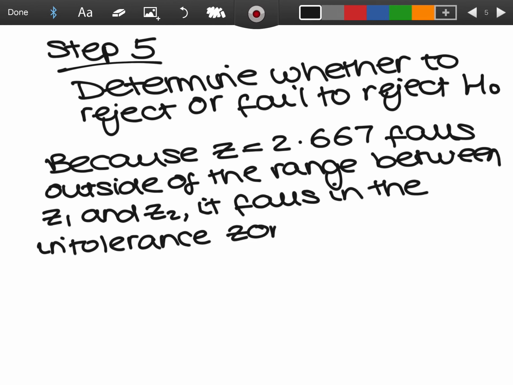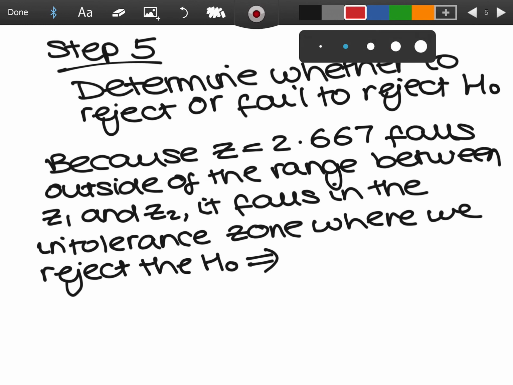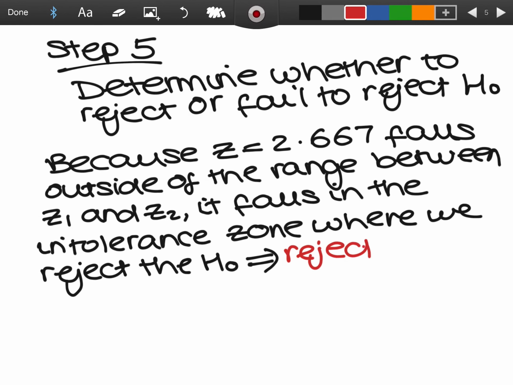It falls in the intolerance zone. That's where we want to reject our null hypothesis. Okay. So this means in this case, we're actually going to reject our null hypothesis.